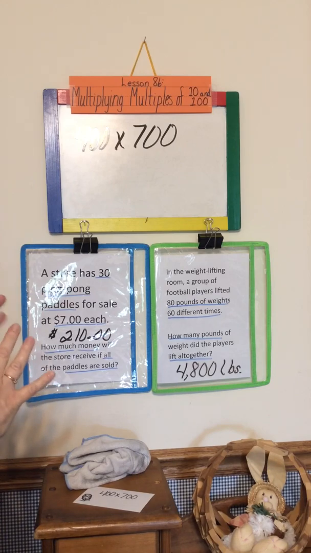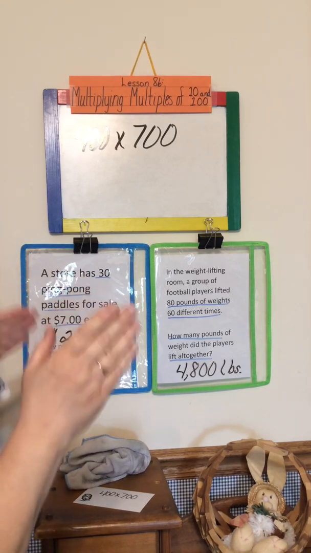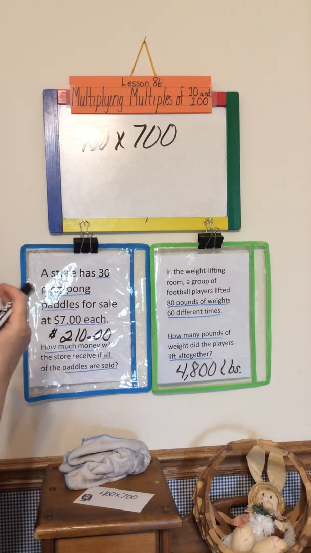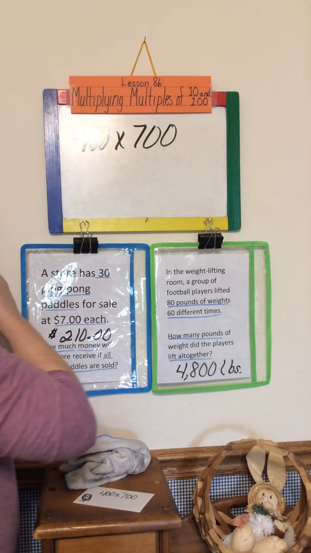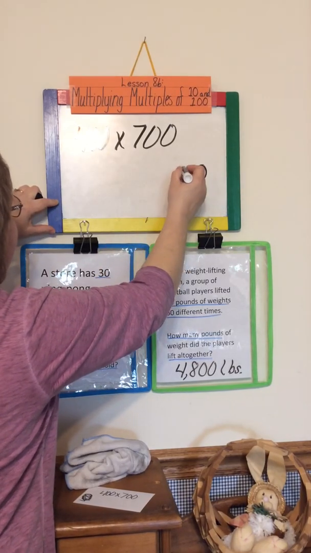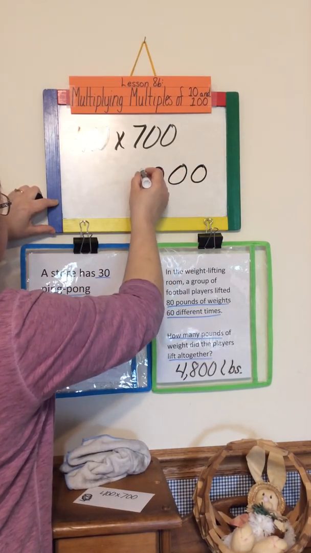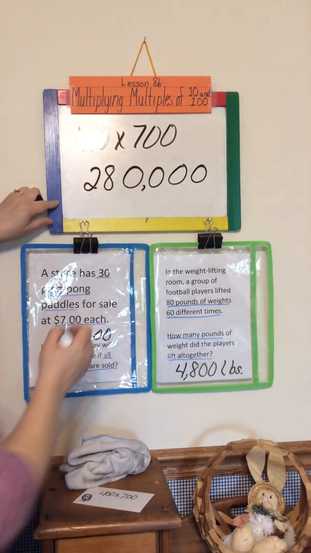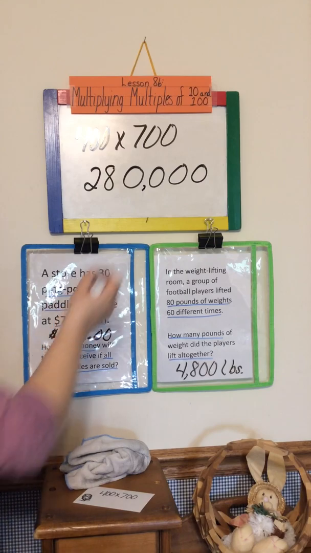So 28 with 4 zeros behind it would be 280,000. We could actually do that in our head. If you must, if you're like me, a visual person though, sometimes we need to write that down. And it is 280,000.